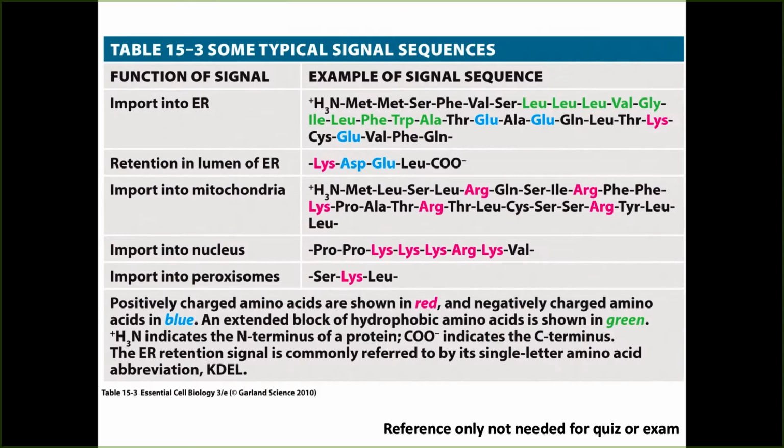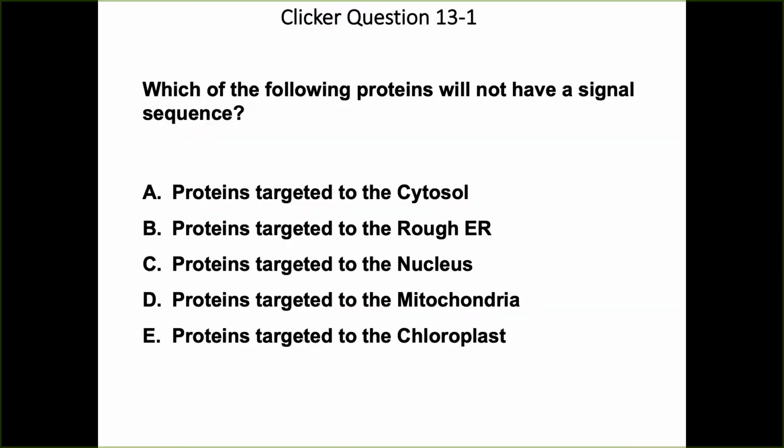That's your signal sequence. Here is just an idea of a typical sequence for import to the ER. This is the sequence that we already saw. For others, there are some other sequences as well, and we are not going to go into detail, just to have an overview of how this signal looks.